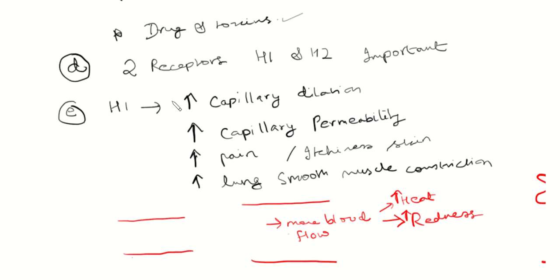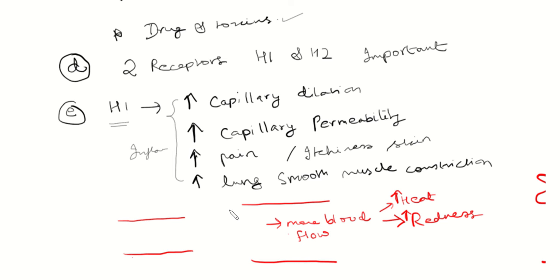With the H1 receptor, that's one of the important ones, along with H2. When histamine acts on it, you start to see symptoms of inflammation. When we looked at the video, we talked about capillary dilation, which leads to more blood flow, hyperemia. More blood flow equals heat.